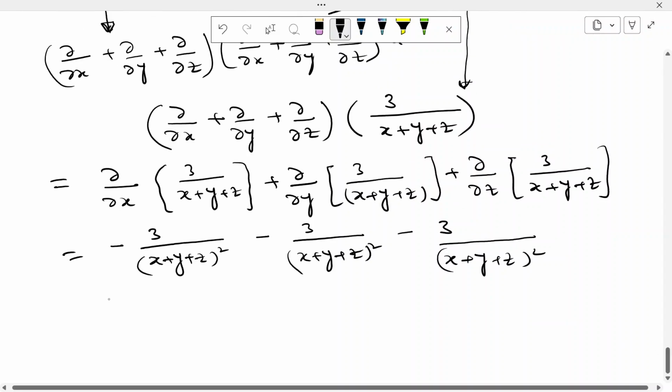So combining all these terms, we are getting minus 9 over x plus y plus z whole square.